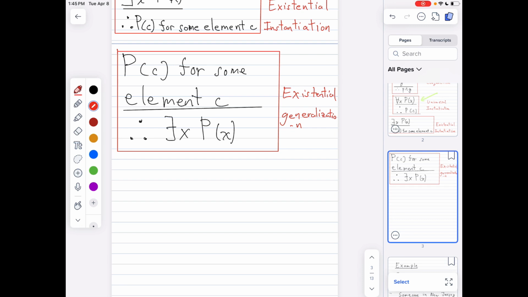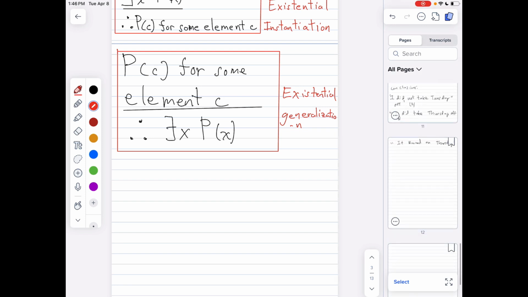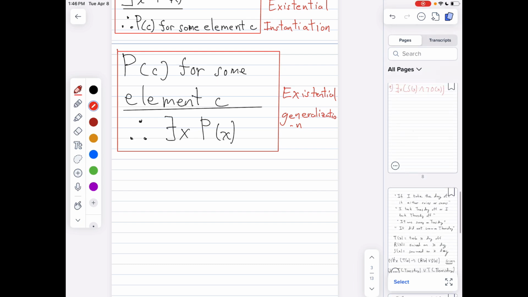So if you told me there's a statement that holds for a specific element, then there has to exist some element for which that statement is true, is what we're saying in so many words. And this is what we call existential generalization.